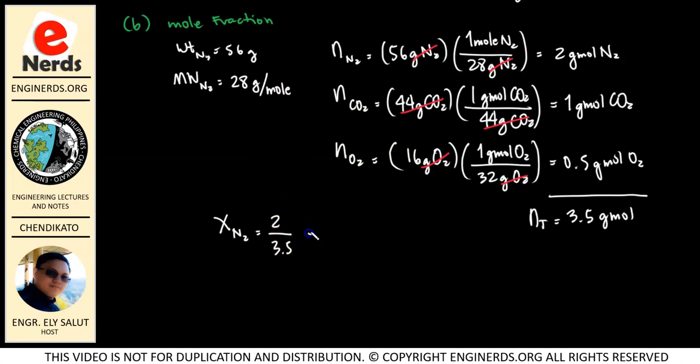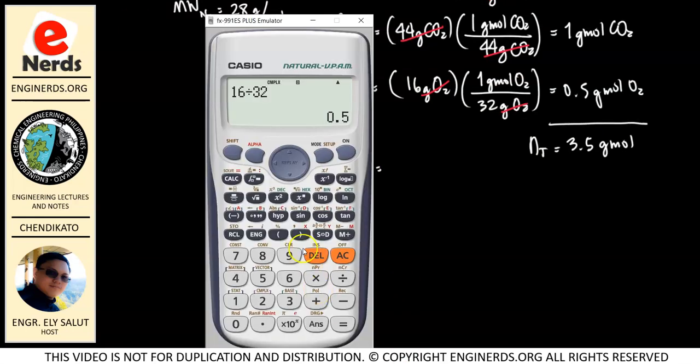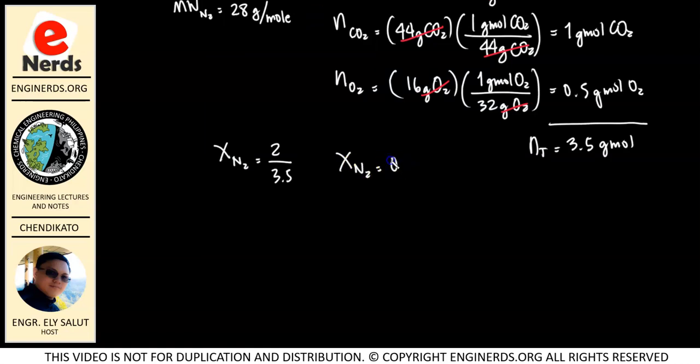So, para sa ating N2, we have 2 gram mole of N2 divided by 3.5 gram mole in total. So, therefore, our XN2, let me write it here, XN2 is equal to 2 divided by 3.5, which is equal to 0.57. Okay, so yan yung ating mole fraction ng N2.